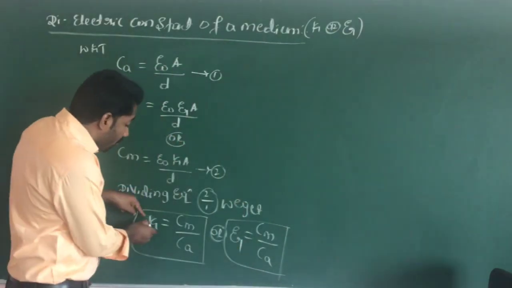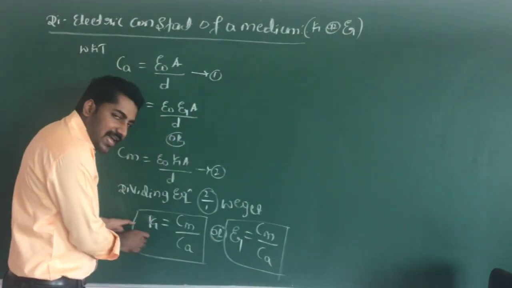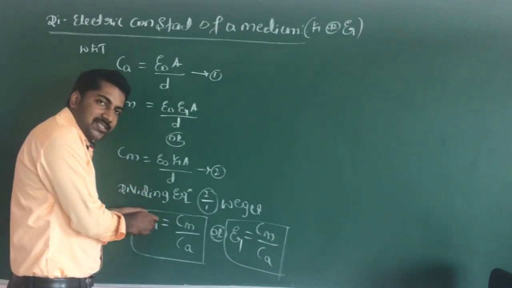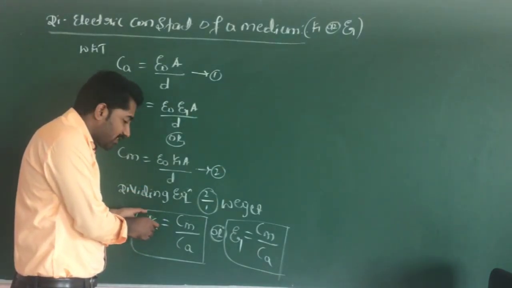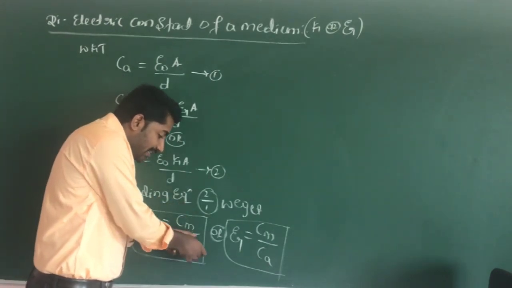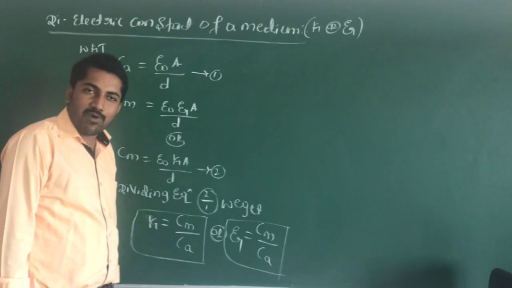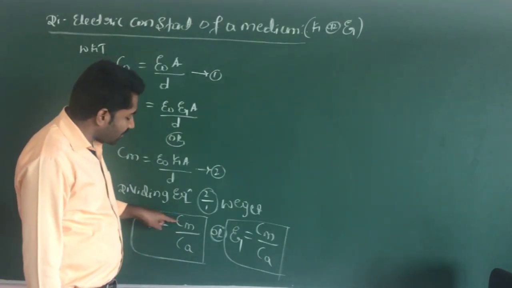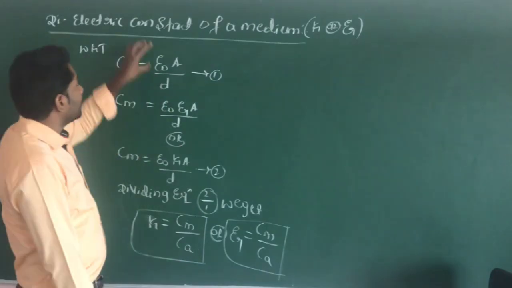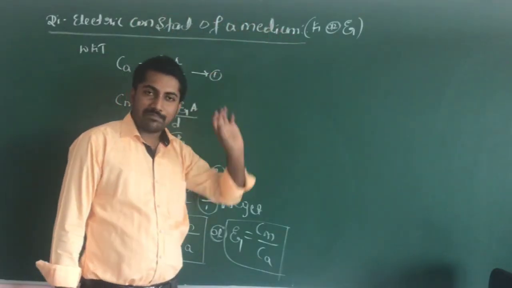The dielectric constant of a medium is defined as the ratio of the capacitance of a capacitor in a medium to the capacitance in air. This is called the dielectric constant of a medium.